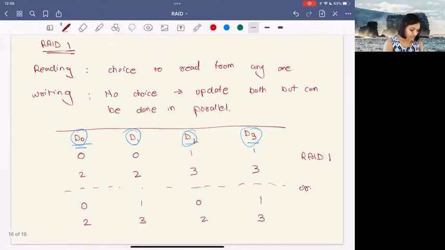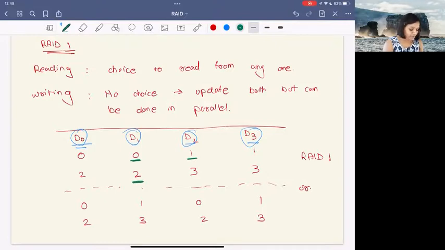We would have a choice to read any copy of 0 from any one of these 2 disks. Let's say we decided on this one. Then we would have a choice to select the copy of 1 from either of these 2 disks. Let's say we took this one. Now when we go to read 2, if the disk we choose is this one, then we are at a disadvantage, right?